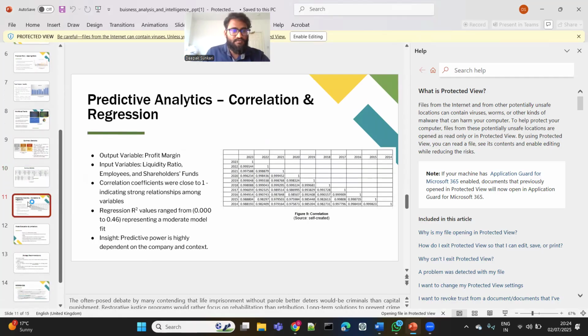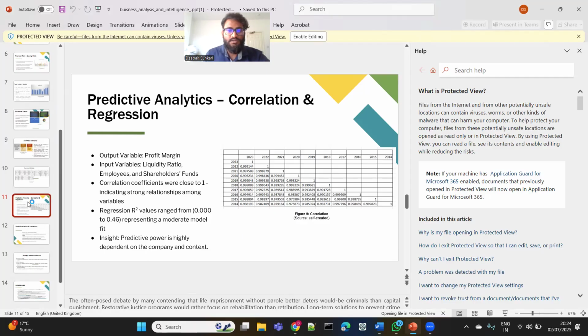Here comes the next slide, predictive analysis and regression modeling. The correlation analysis model was created to predict the profit margin, the dependent variable, based on management measures such as liquidity ratio, number of employees, and shareholders as independent variables.